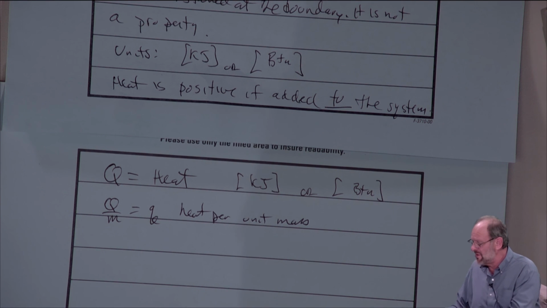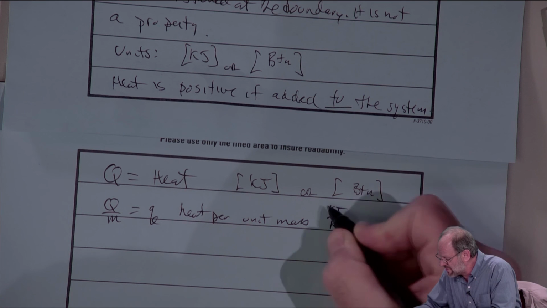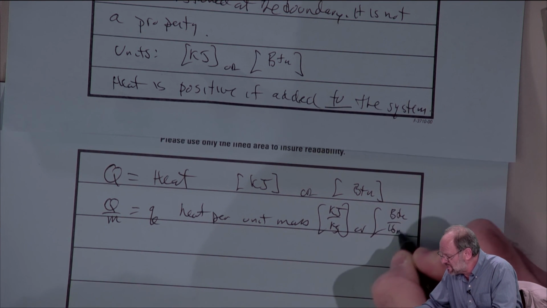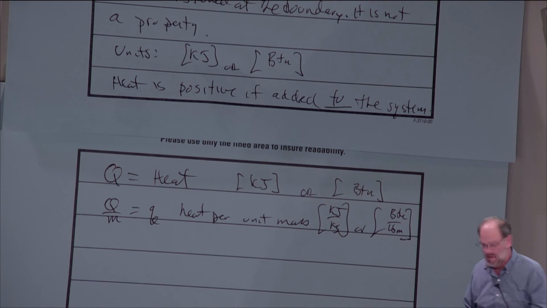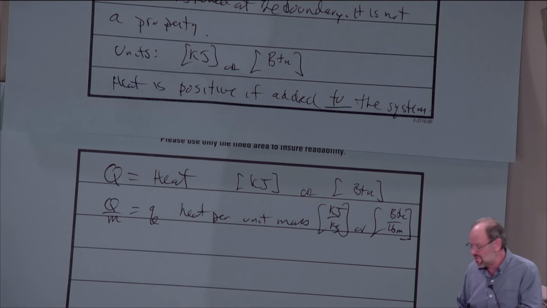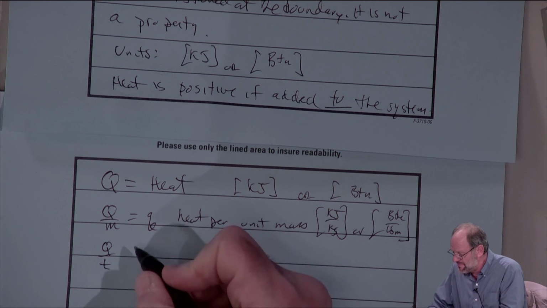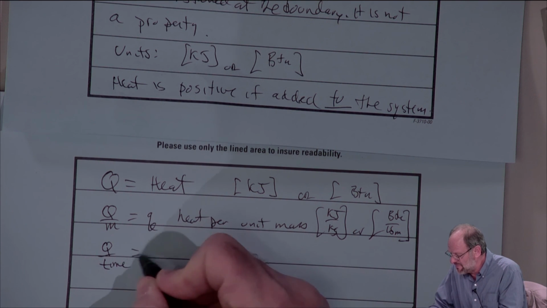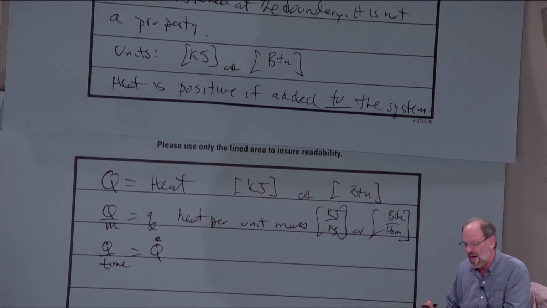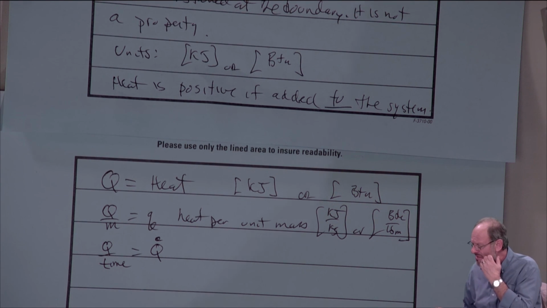So lowercase letter q is the total heat divided by the mass, so its units are going to be either kilojoules per kilogram, or just BTUs per pound mass. Okay, so that's the heat per unit mass. We can also have rates of heat transfer. So if we were to take our heat and divide it by time, then we would write this as Q dot. We've seen the dot notation perhaps in our math, our calculus class.